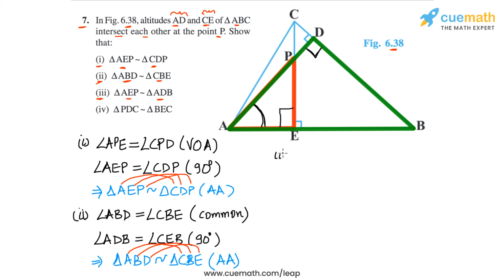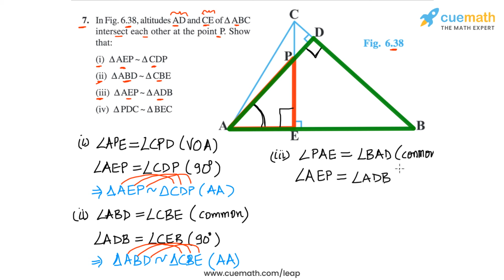Okay, so let's do that now. This is part 3, and we have angle PAE in the first triangle is equal to angle BAD in the second triangle, because this is basically the same angle. So this is common to both the triangles. And then we have angle AEP equal to angle ADB, as both of these angles are 90 degrees.